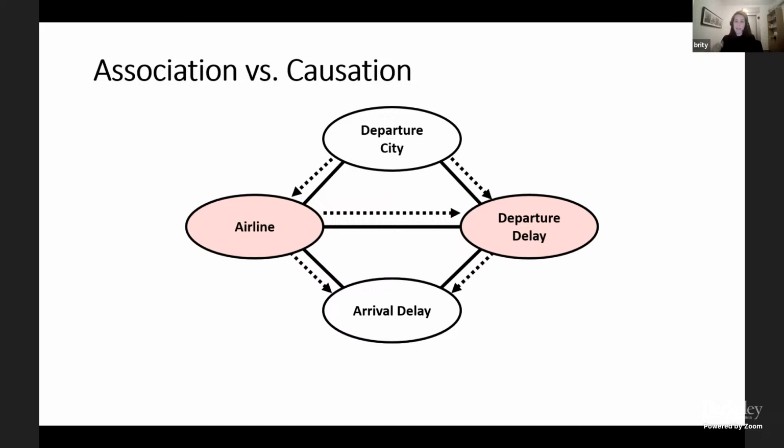If the flight departed late, the arrival delay of the same flight will most likely also be late, but it doesn't mean that the arrival delay has a causal relationship to departure delay. So in order to really draw causal conclusions, we have to have some causal reasoning about the attributes that we are considering beyond just observing the correlation in the data.